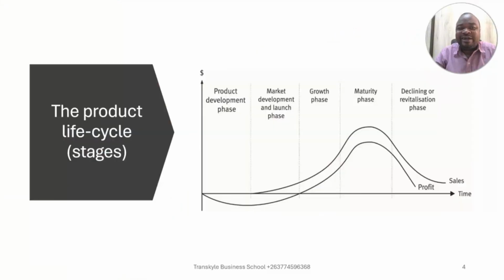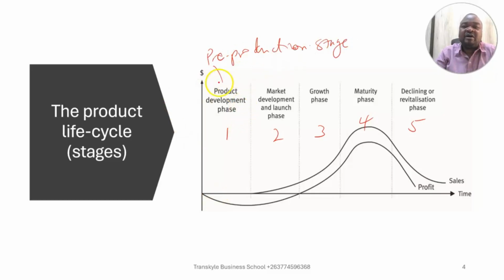Now, let's look at the product life cycle stages. Right, so we have got 5 stages. That is stage number 1, stage number 2, stage number 3, stage 4, stage 5. Now, in stage number 1, this is the pre-production stage, where much of the costs will be on R&D, research and development of the product.